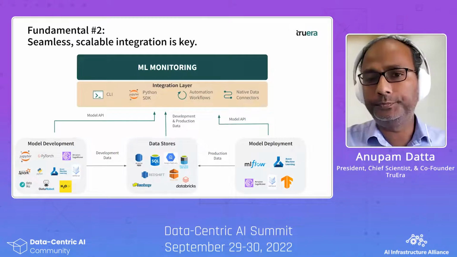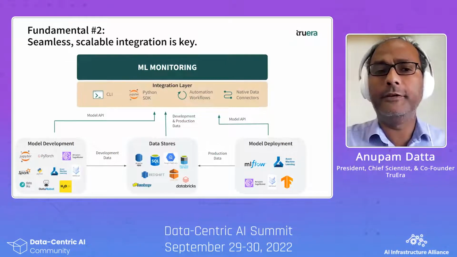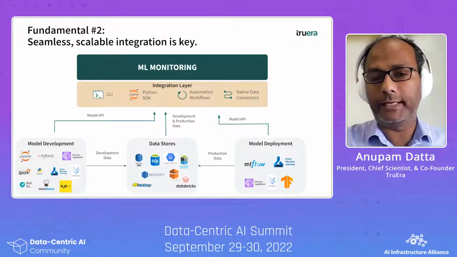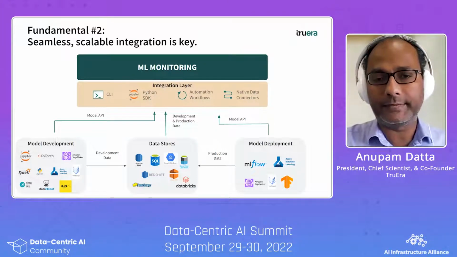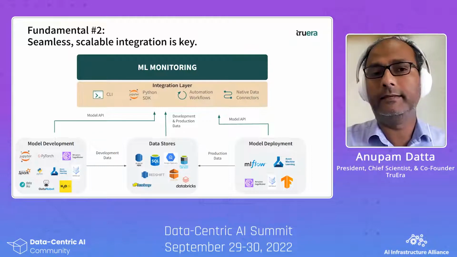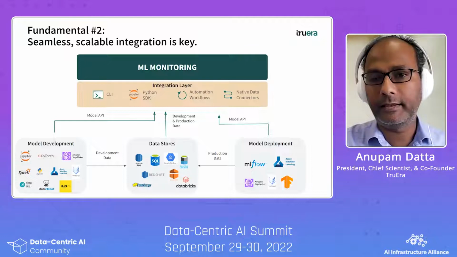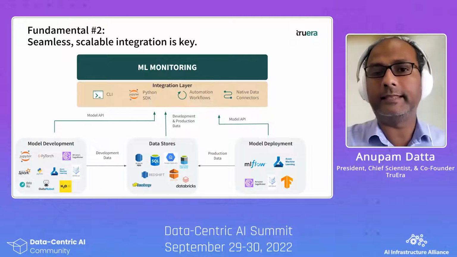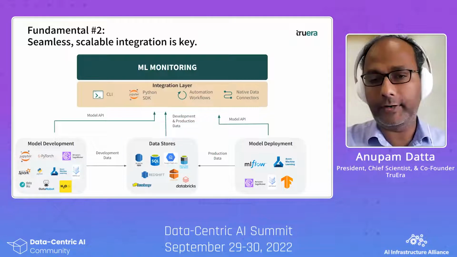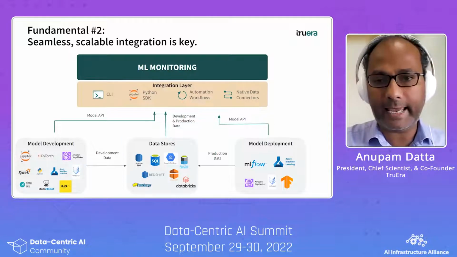Fundamental number two is that in order for monitoring to be adopted at scale across organizations, you need seamless and scalable integration. By that, what I mean is that the monitoring product needs to be very easy to integrate with the rest of your tech stack.